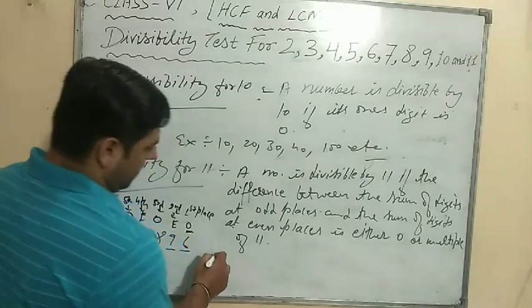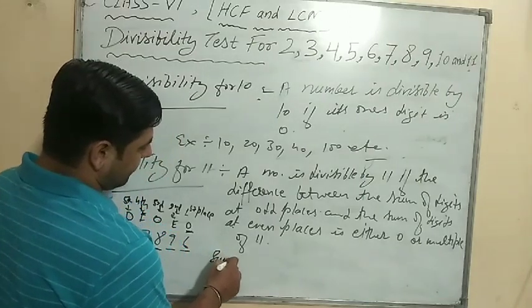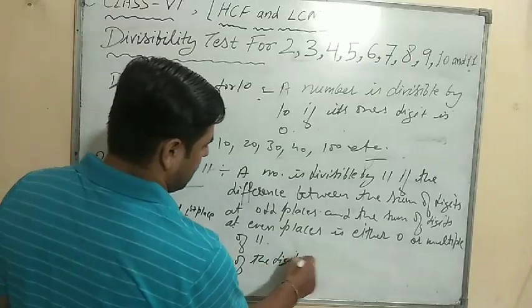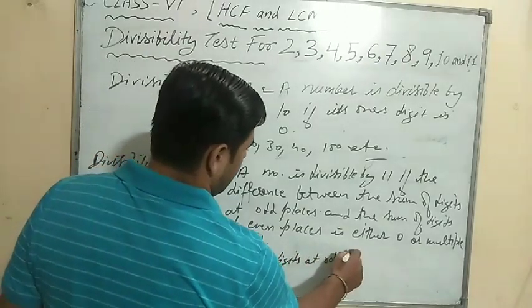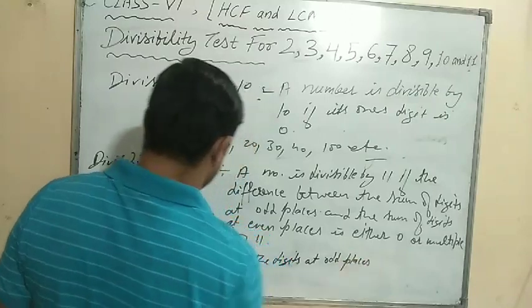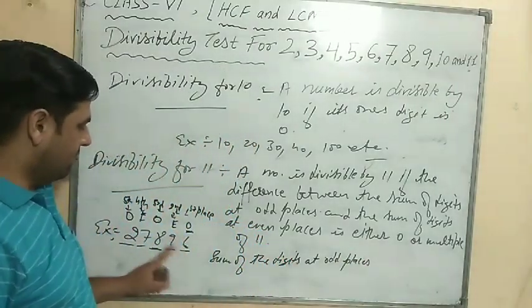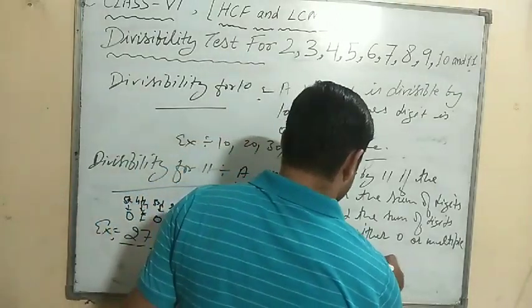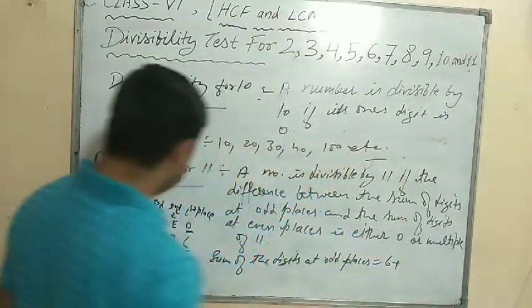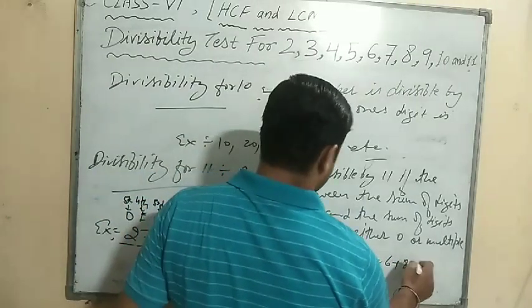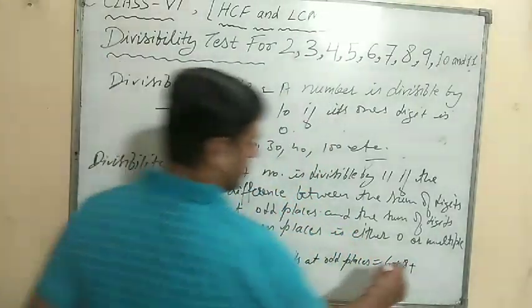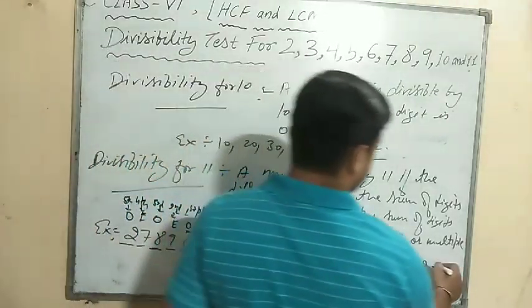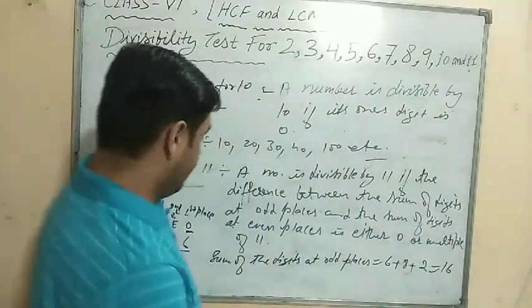So now we will check the sum of the digits at odd places: first, third, fifth. So at odd places here, 6 first, 8 third, 2. So the sum is 16.